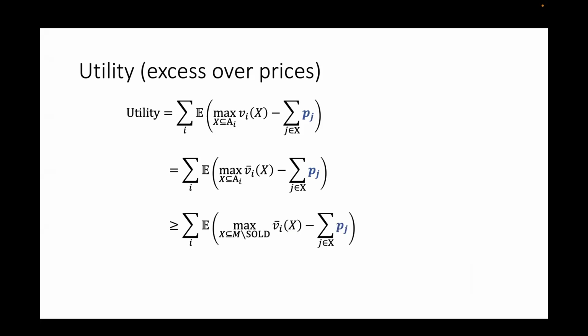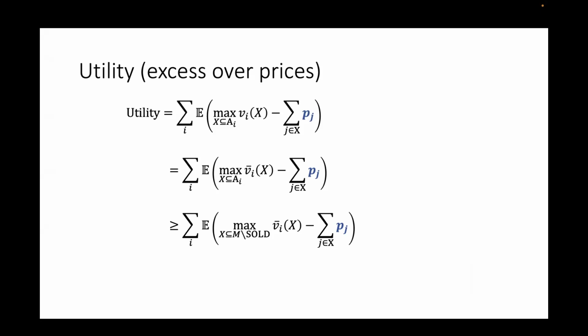So now I will lower bound this with a smaller set. I was optimizing here over set A_I, what was available. Now let's optimize over a smaller set: M minus the sold items. M minus the sold items is what's available at the end, right? Just like in the single item case, where it was lower bounded by the probability that the item was available at the end.